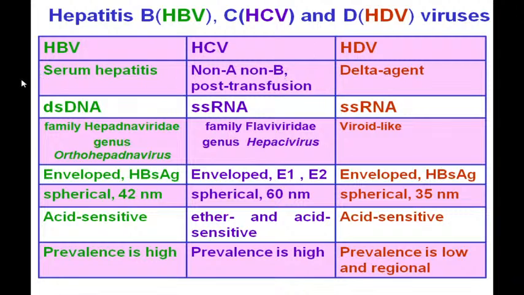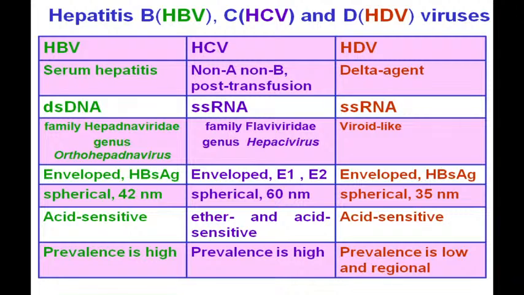And among those, only hepatitis B has a DNA genome, partially double-stranded, and HCV and HDV have a positive-sense RNA molecule as a genome. So they belong to different families. Family Hepadnaviridae has just hepatitis B virus, so hepadnavirus, meaning hepatitis DNA virus.